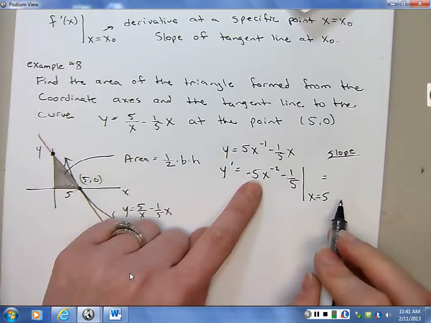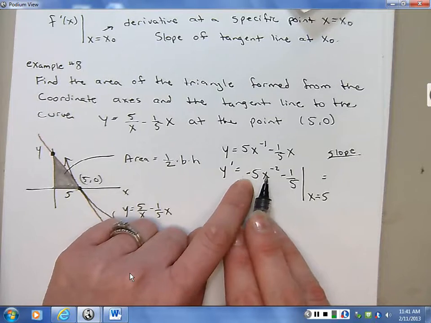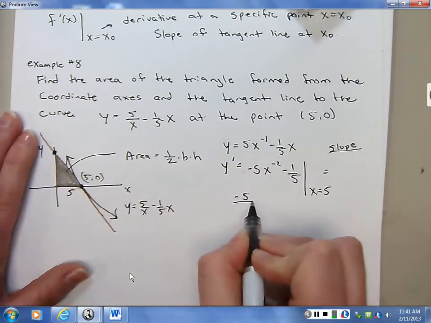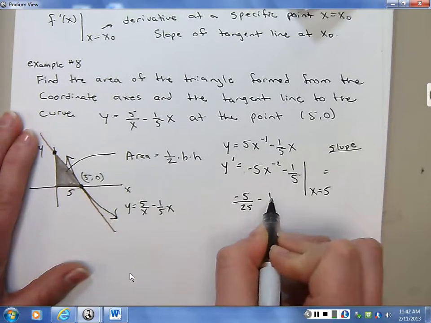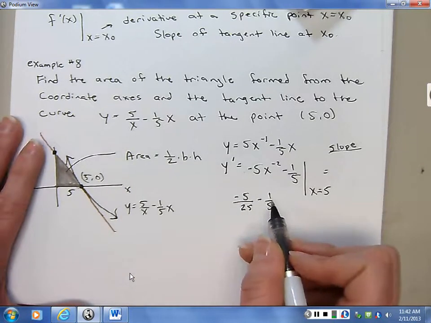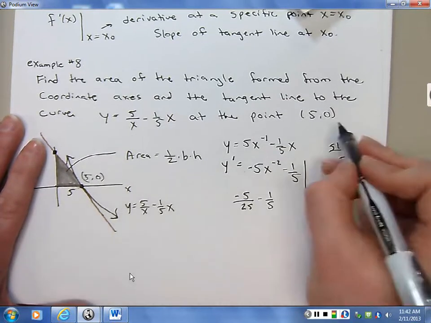So if I plug in 5, I have negative 5 over 25. Right, because I could write this as minus 5 over 25 minus 1/5. So really it's minus a fifth minus a fifth. So it's minus 2/5. This gives me my slope. And I have a point.